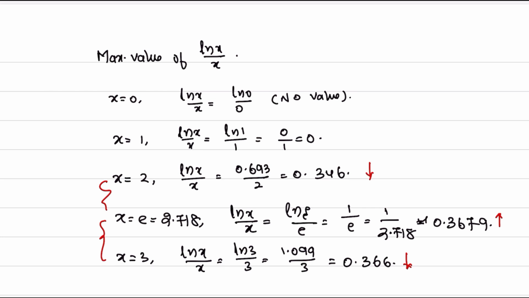That means we can assume this value as the maximum possible value for ln x by x. Without a calculator we found it as 0.3679, that is 1 by e.